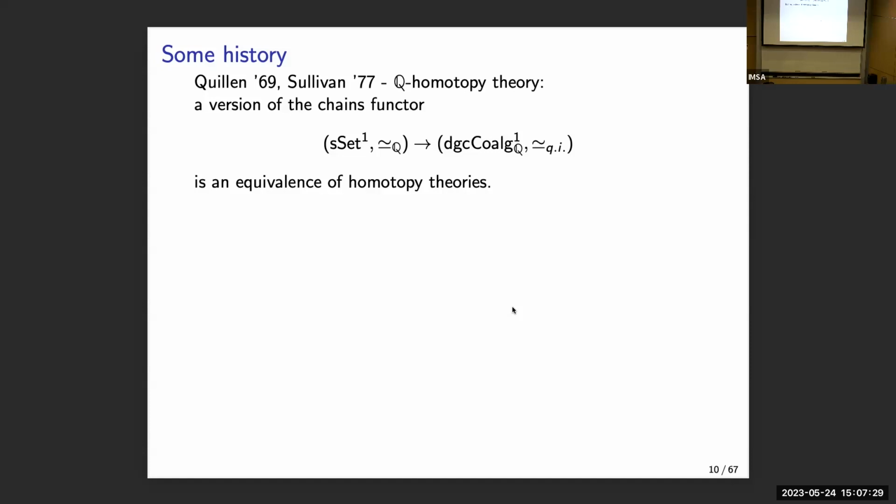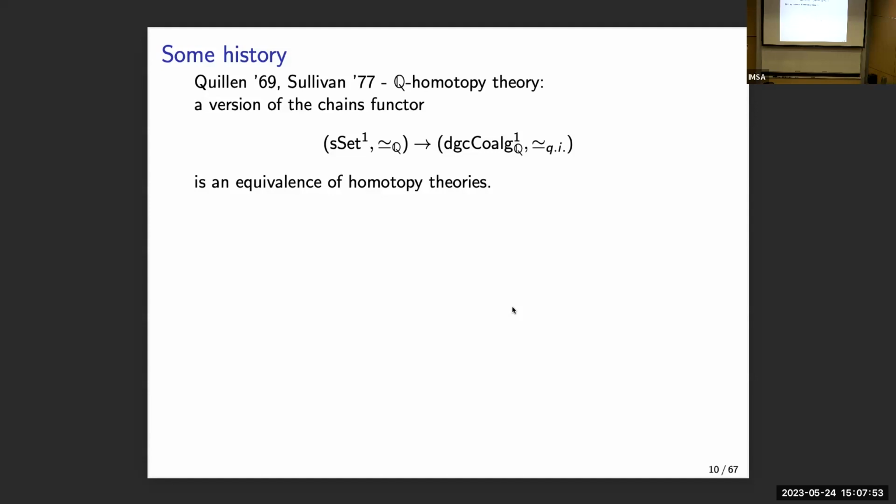And there's a third category as well that fits into this equivalence, which is differential graded connected Lie algebras over the rationals, also considered up to quasi-isomorphism. And Quillen proved that these three homotopy theories essentially contain the same information.